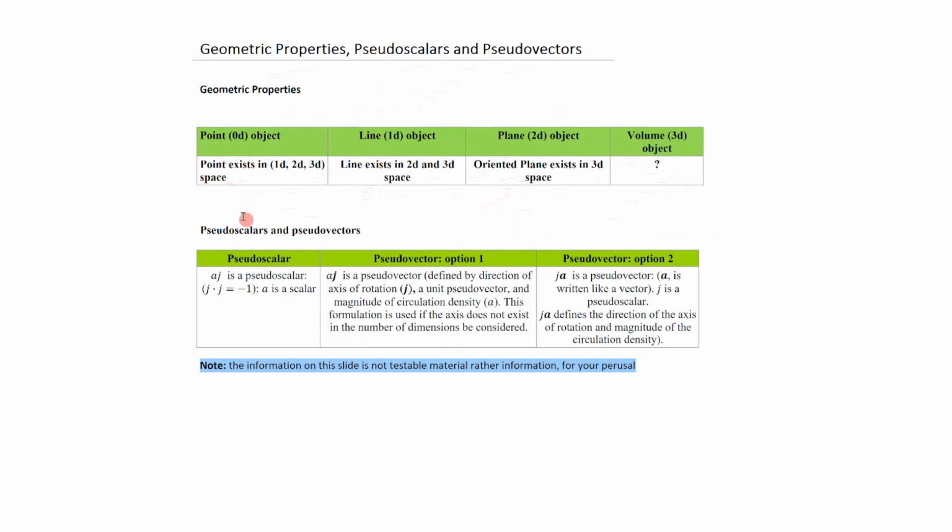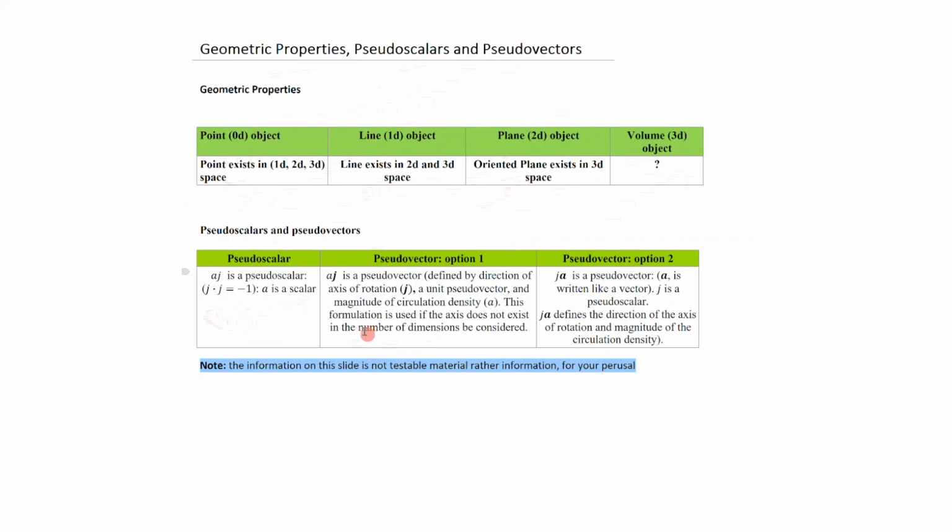Now, what about differentiating between pseudoscalars and pseudo-vectors? A pseudoscalar, for instance, is AJ. Recall that J dot J is -1 and A is a scalar. A pseudo-vector we can write in two different ways. Option one, we can say A, some scalar, times J. J, we said, was a pseudo-vector, and it basically defines the direction of the axis of rotation, and its magnitude A is the circulation density.